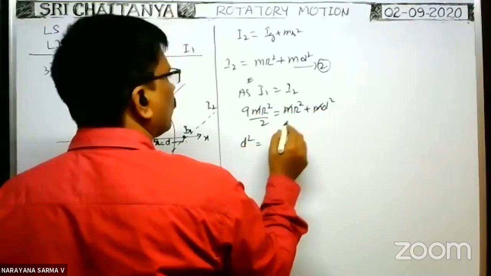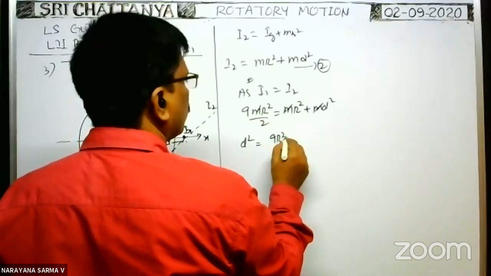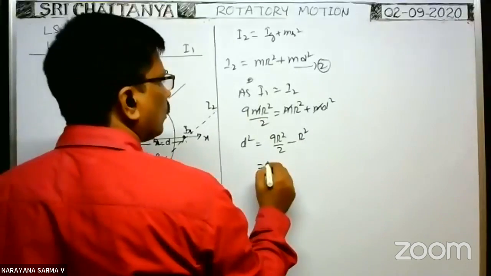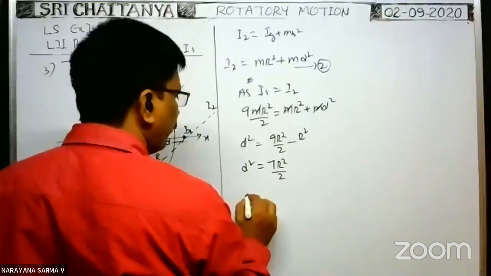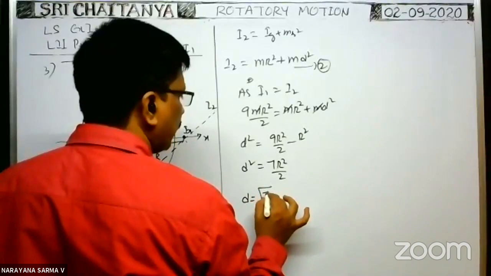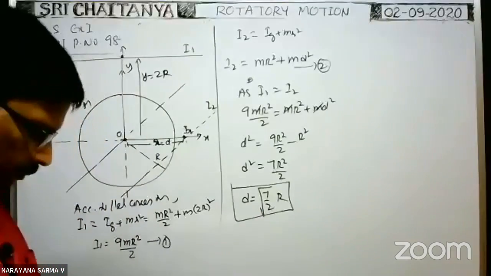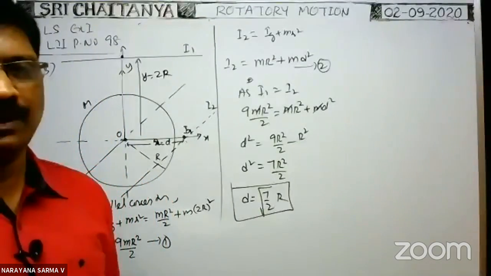Then d square is equal to 9 r square by 2 minus r square, which is equal to 7 r square by 2. Therefore d is equal to root 7 by 2 into r. That is the answer.